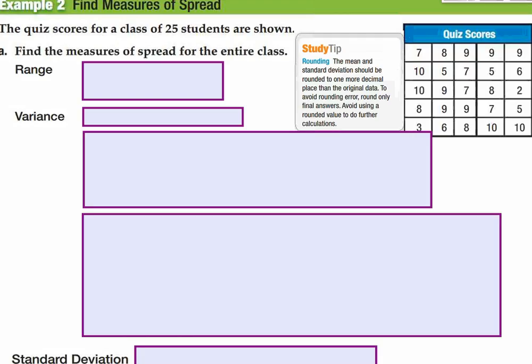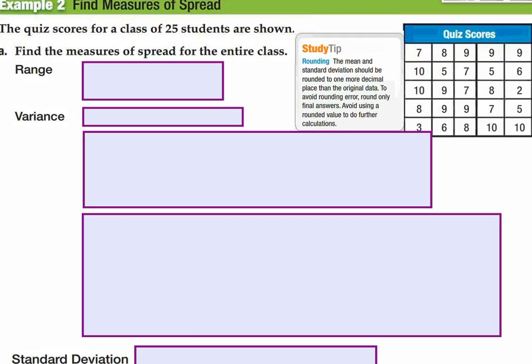So, here's the scores, 25 student scores. We're defining the measures of spread for the entire class. So if it's the entire class, is that the population or a sample? When it just states it that way, it's not going to say which it is.